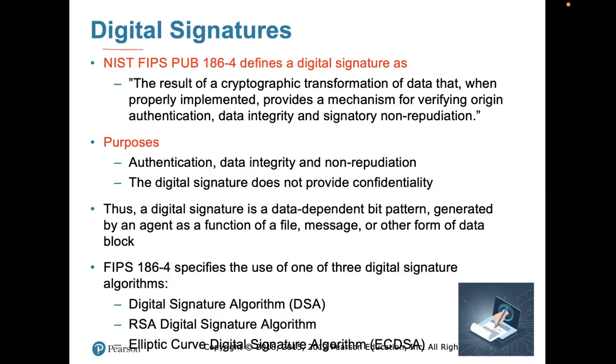Per the definition of the National Institute of Standards and Technology, a digital signature is the result of a cryptographic transformation of data that, when properly implemented, provides a mechanism for verifying the origin of some message or data, and also helps us verify the integrity of data, and the non-repudiation of data. It means that it works like a human signature.